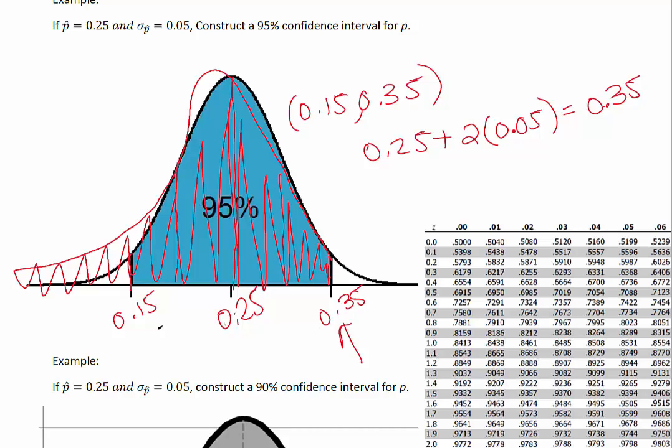So when we think about what would be in this spot, that would be where 97.5% lies. Because if there's 95% in the middle, there's 2.5% below and 2.5% above.